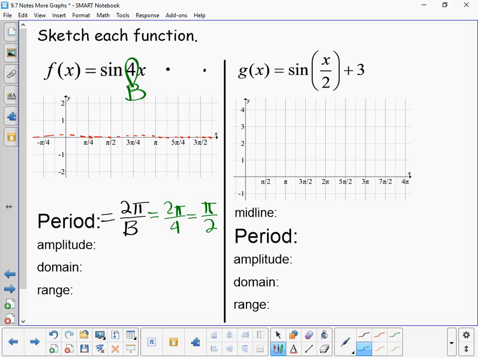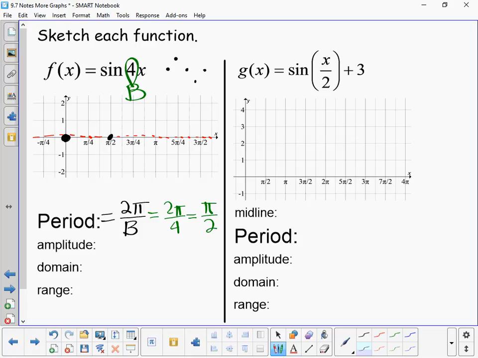Now remember, our sine pattern tells us to find the beginning and the end. Halfway in between is also on the midline, and then we go up and down by the amplitude at the halves. So our sine function is going to start here. We didn't do a phase shift this time. But now when we do our ending point, instead of ending at 2 pi, which on this coordinate system would be way over here, our ending point is going to be at pi halves, because the length between the beginning and end has a total length of pi halves for that one cycle.